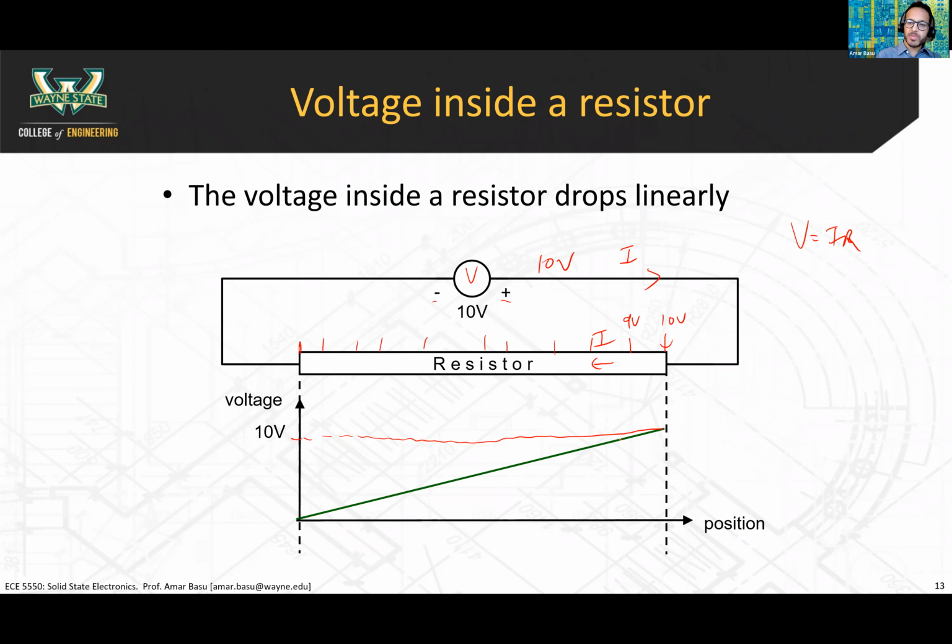The voltage is dropping as we go from one side of the resistor to the other. And one intuitive way that you can think about this is you can think about this resistor as being a bunch of smaller resistors connected in series with each other.